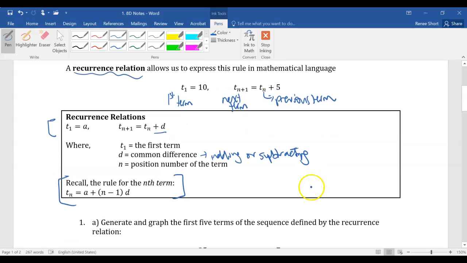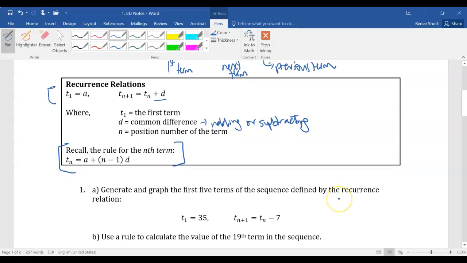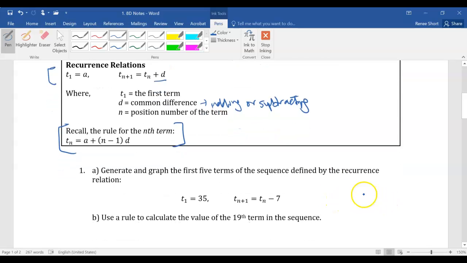So what we're going to do is scroll down and look at an example here. Question 1 says generate and graph the first 5 terms of the sequence defined by the recurrence relation, T1 equals 35 and Tn plus 1 equals Tn minus 7.